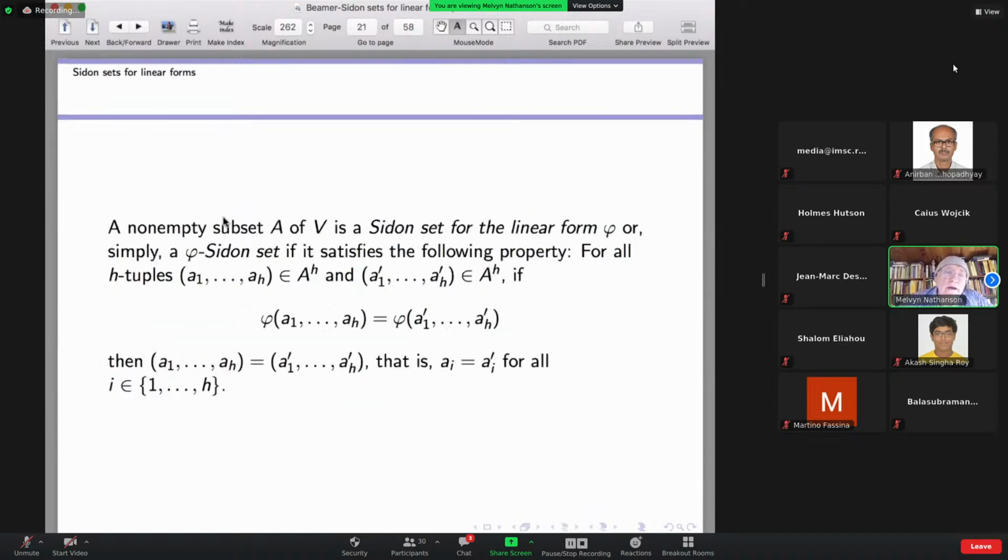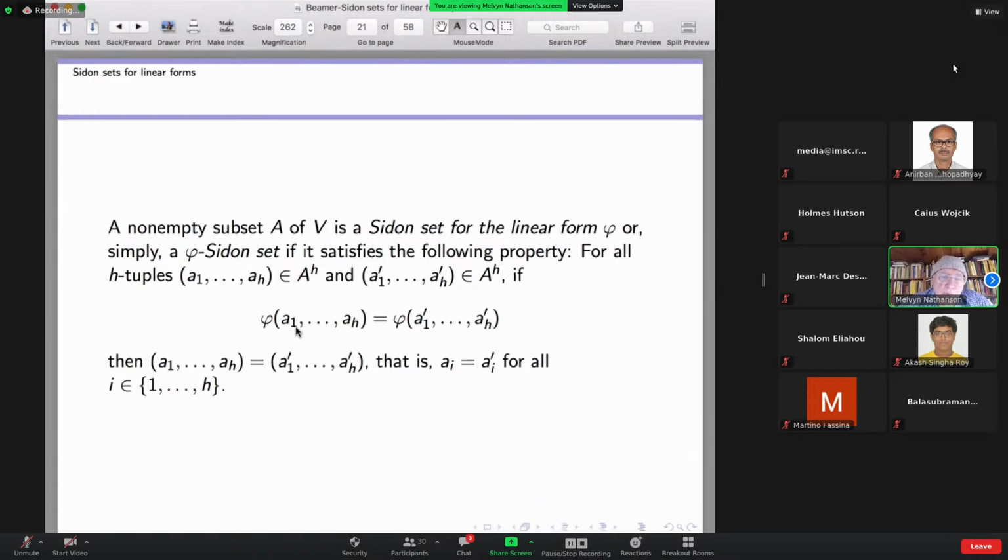And we say that a non-empty subset of our vector space is a Sidon set for the form if it has the following property. If you have two h-tuples and phi of a1 up to ah equals phi of a1 prime up to ah prime, then the two h-tuples are the same. Another way of saying that is that a Sidon set for the form phi is simply a set A of vectors where phi is injective, one-to-one, on the set of h-tuples.